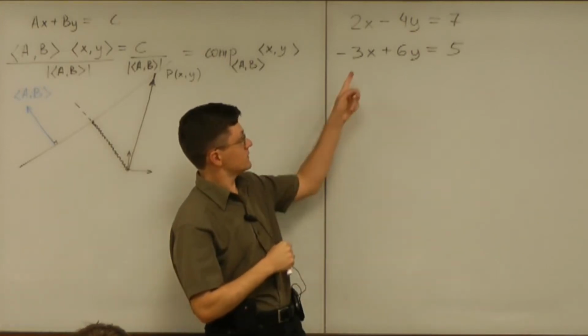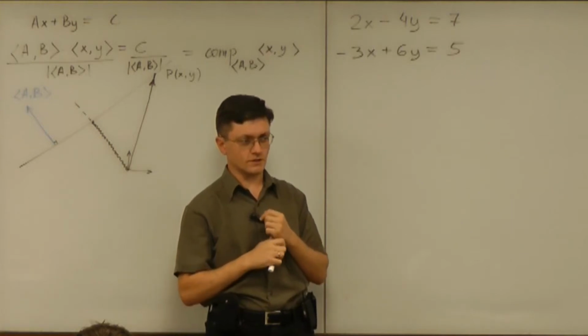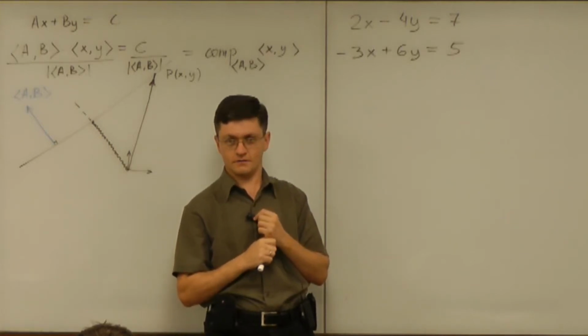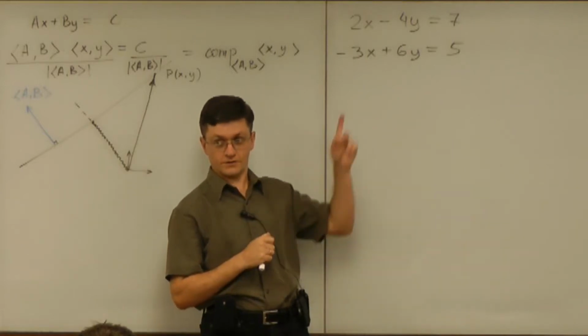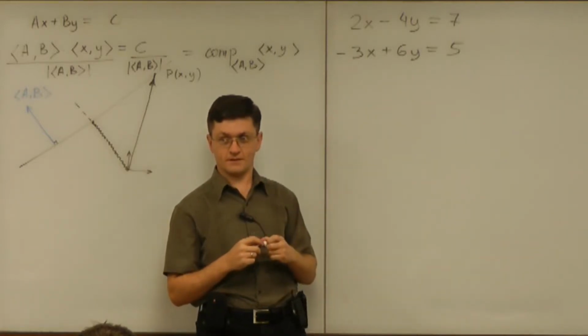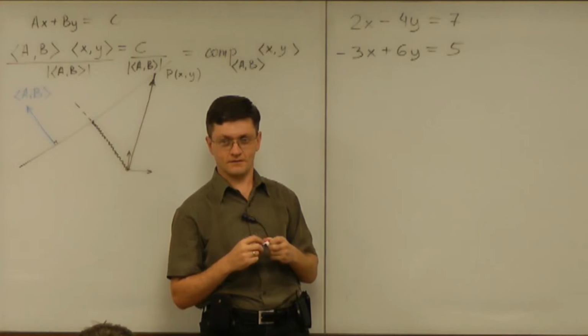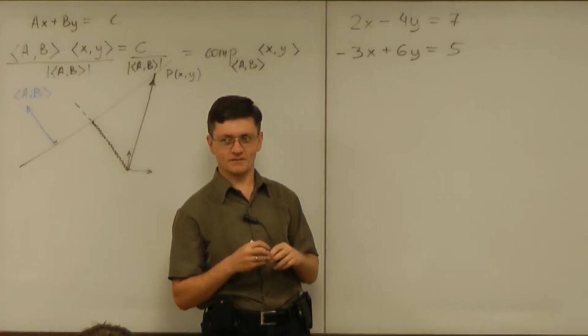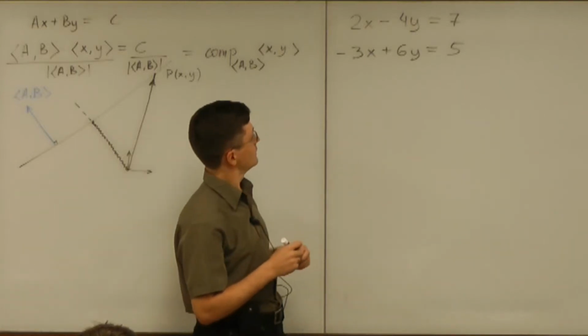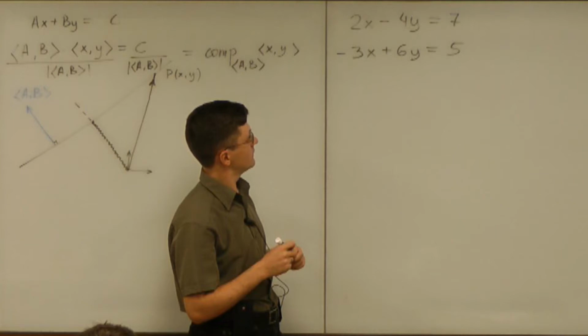Can you tell me if these two equations describe the same line? Yes, they describe the same line. I multiplied the first equation by negative 1.5, and I got the second equation.